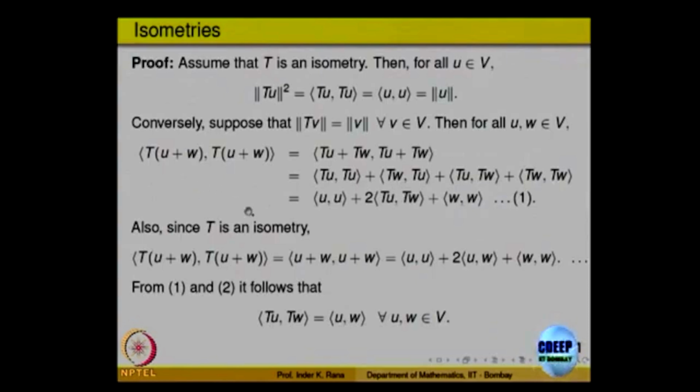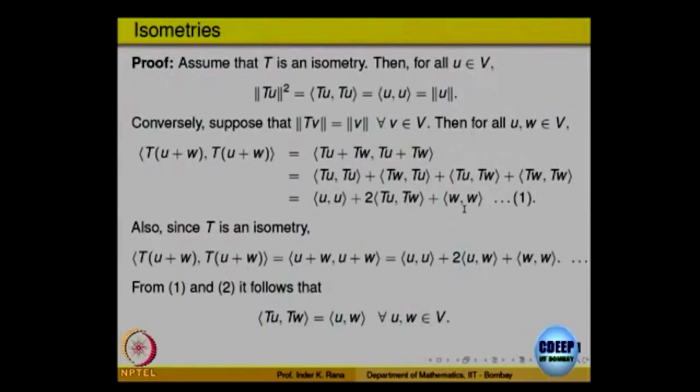So let us just see, if we look at T of u plus w with itself, that comes out to be equal to the norm of Tu square plus 2 times the inner product of Tu and Tw plus the norm of Tw square, right.